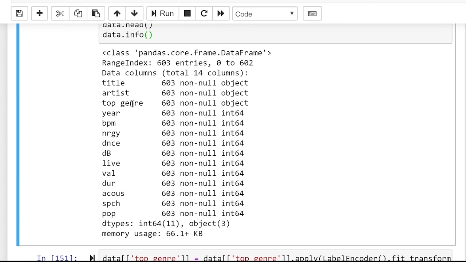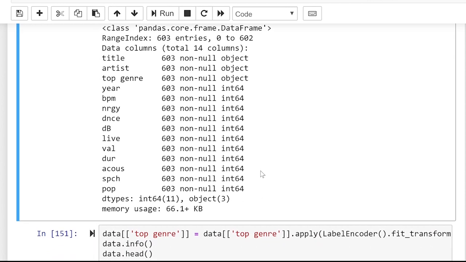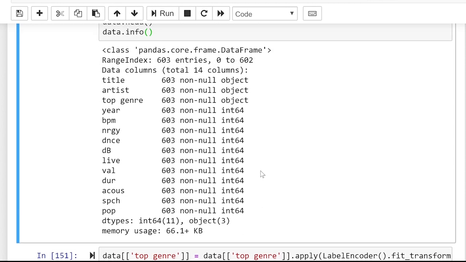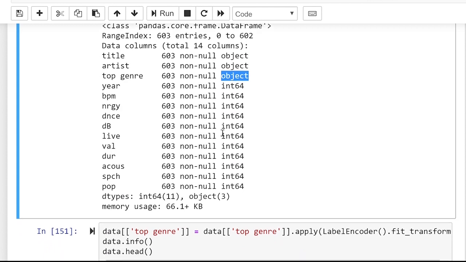So in total, we have 14 columns. We have 603 different songs. And as you can see, right now, I think genre is important in clustering. So I would like to convert this top genre column to some integer numbers.